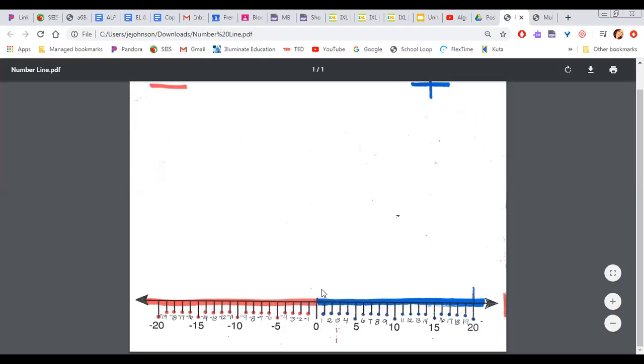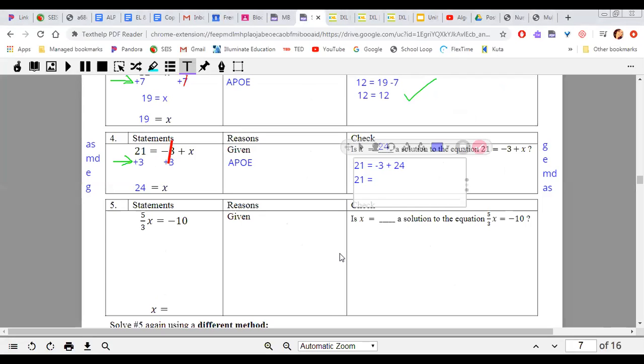One, 2, 3, 4, 5, 6, 7, 8, 9, 10, 11, 12, 21. Yes, thank you, Jolene. We'll go all the way, and I know this stops at 20, but we just needed to go one more. So our number line was still helpful for that problem. So 21.